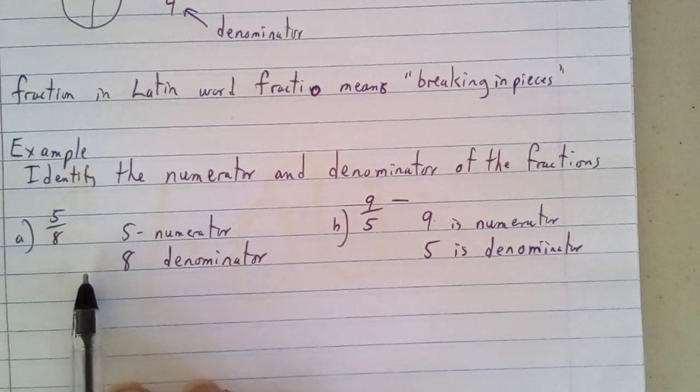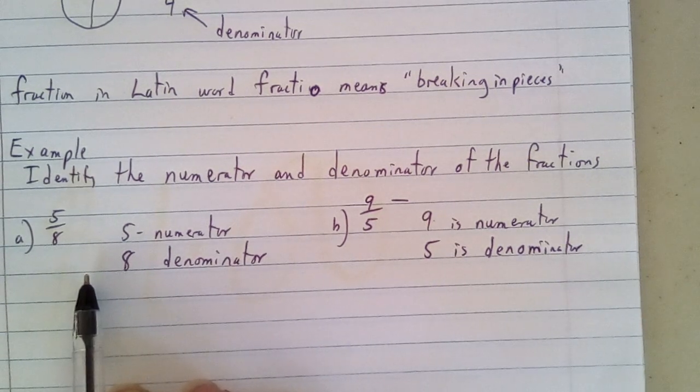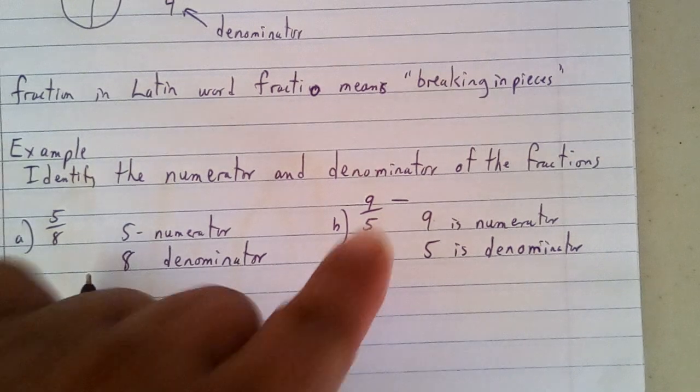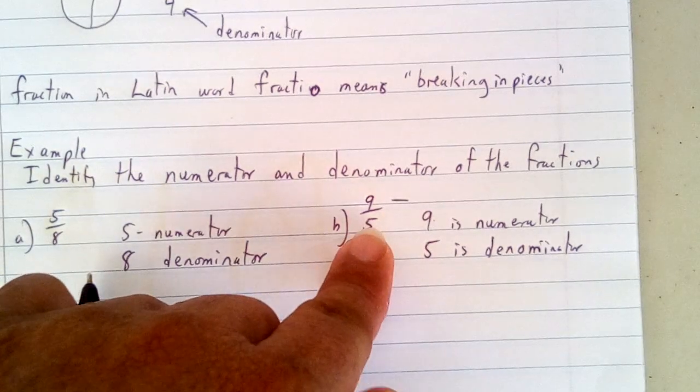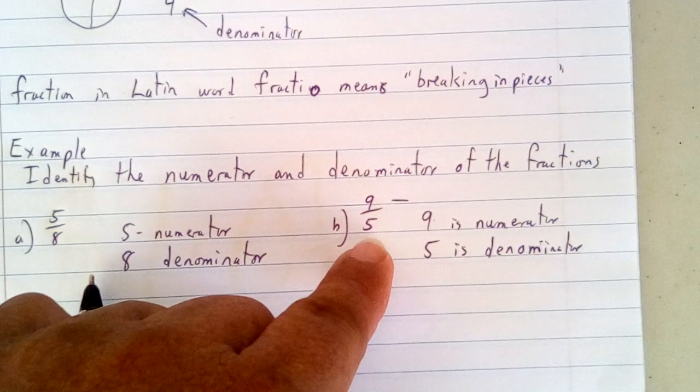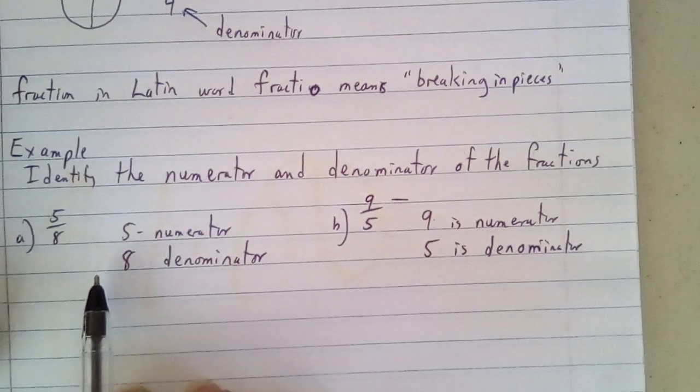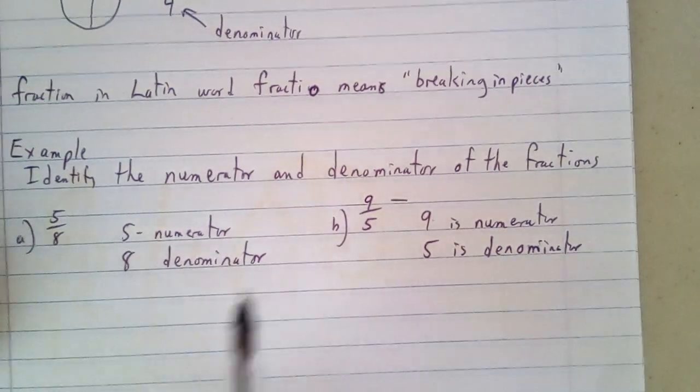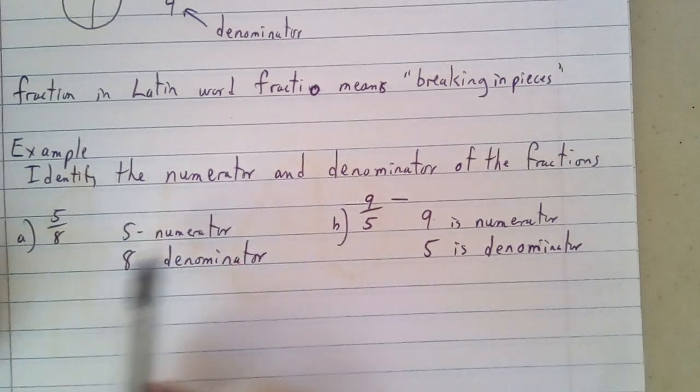If the numerator of a fraction, as in this one here, is less than its denominator, the fraction is called a proper fraction.